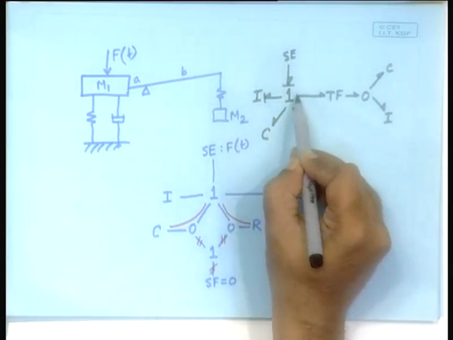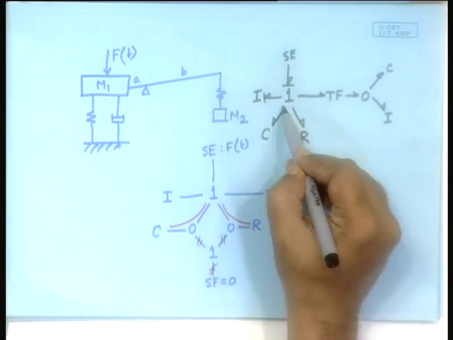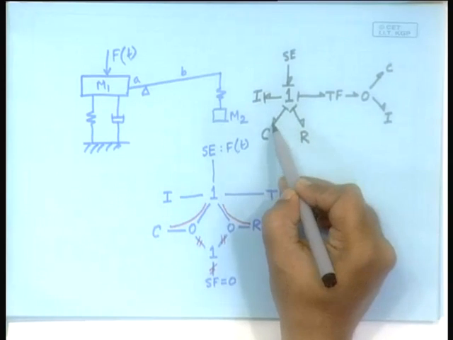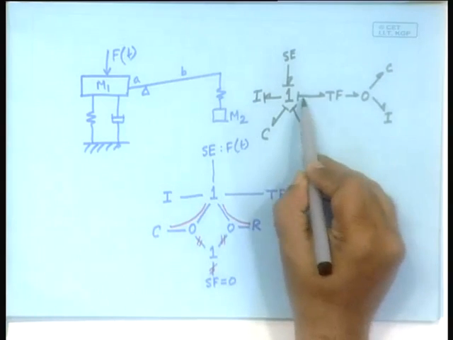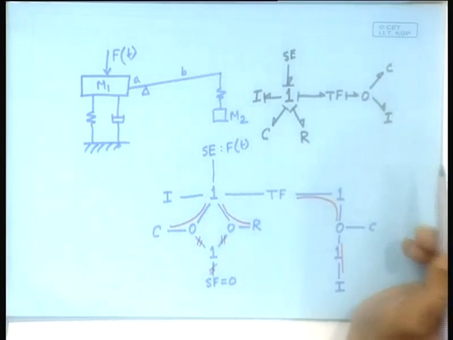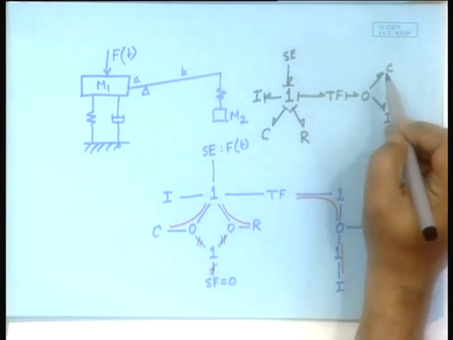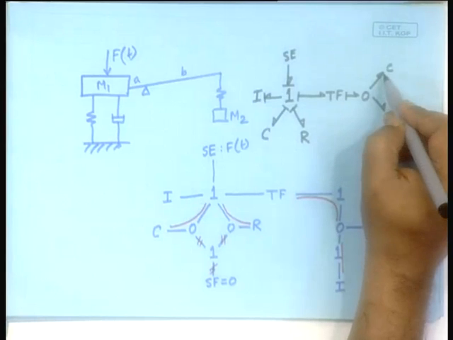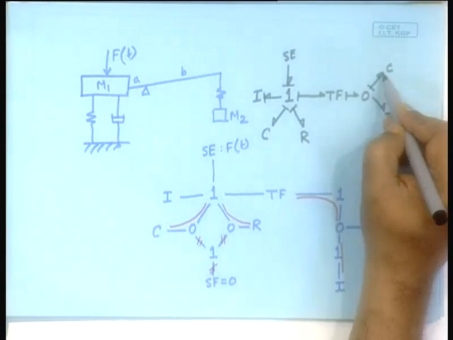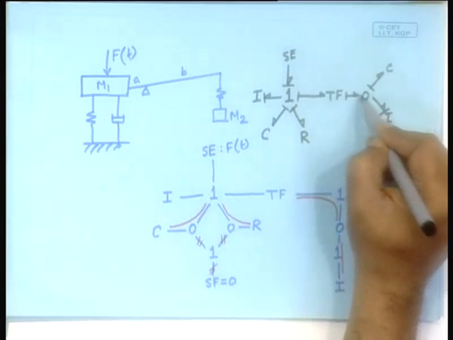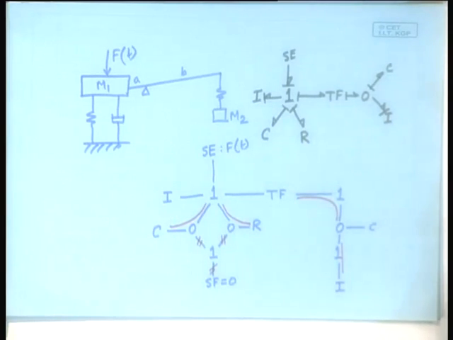The moment you give flow information into the one junction, all the others must take it away. So, the C element is properly causaled, TF will take it the other side. So, let us start with the C element. C element will have this causality, it is bringing in the effort information, naturally it has to give the flow information to the other things. So, it is done. Okay. Good.